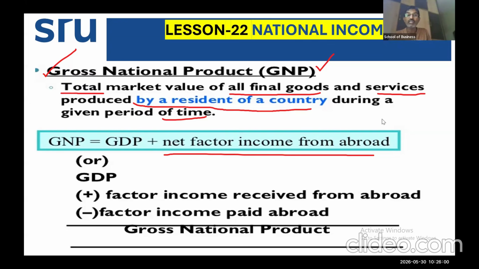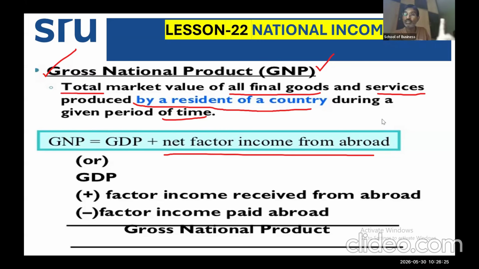Now, how will we calculate it? In the previous slide, we discussed what GDP is. Now, GDP plus net factor income from abroad means people of India who are working or doing business outside, generating income in other countries and sending that income to a country like India. That income is the net factor income from abroad.